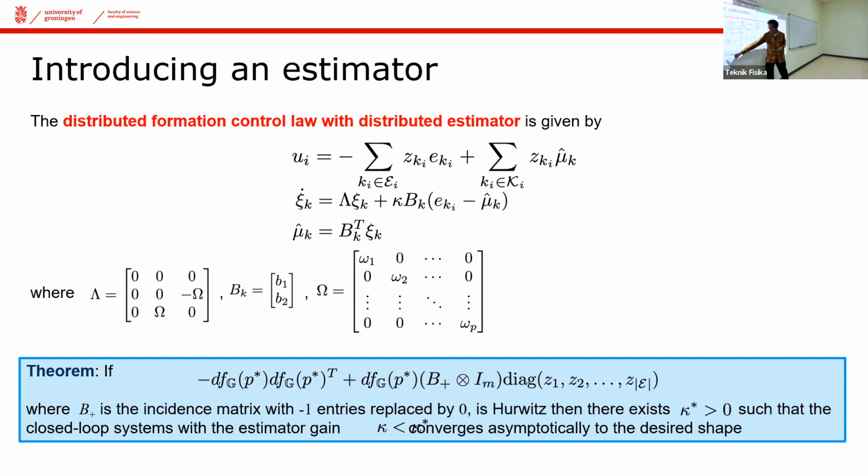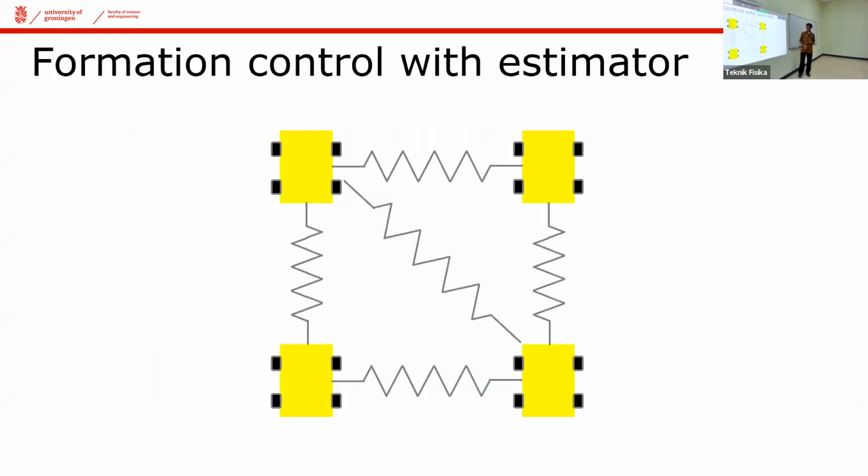So the conditions are based on the edge functions and on some information on the current relative measurement. If everything is okay, then the theorem says that there exists a maximum gain such that if you pick the gain small enough, this is the gain in your state equations, in your dynamic controller, then you can guarantee that your system converges to the right shape.